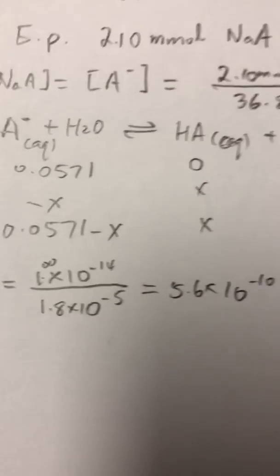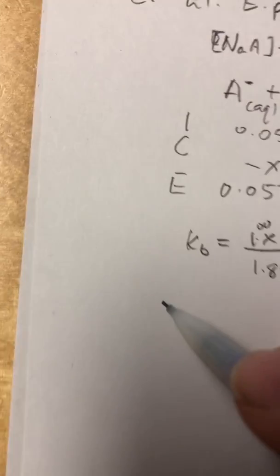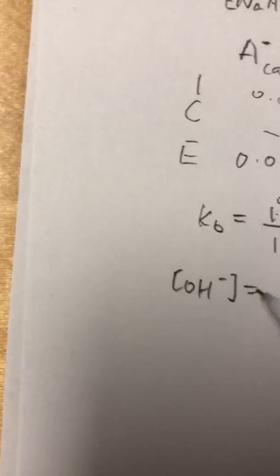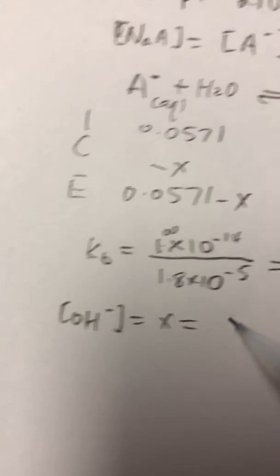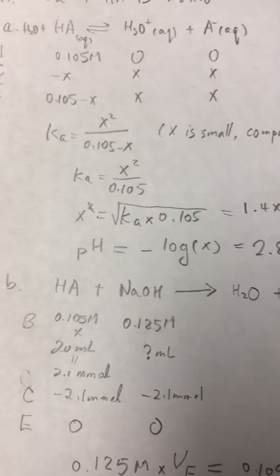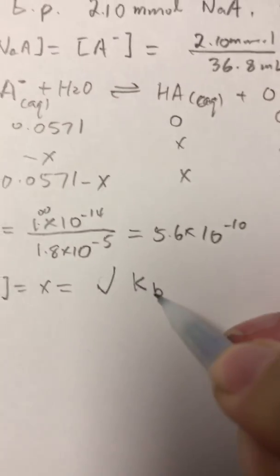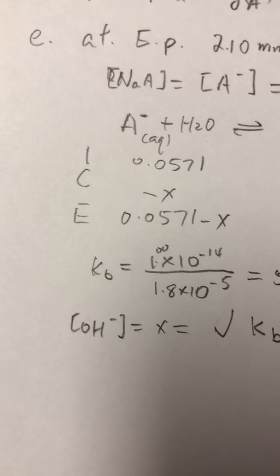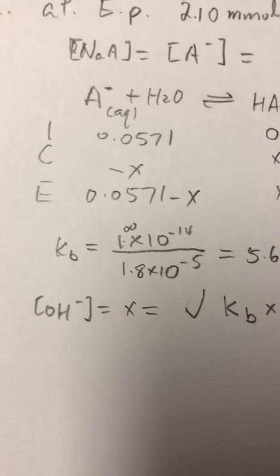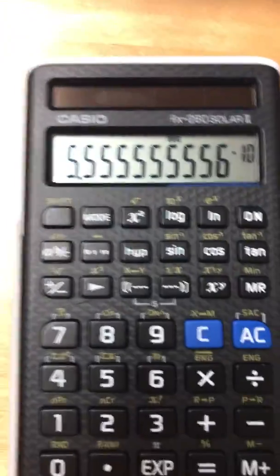Alright, now we have this. What would be the x? In here, the x is the hydroxide equilibrium concentration. So hydroxide equilibrium concentration equals x equals, how can we do this? Well, the same setup as the first one, it is essentially the square root of Kb multiplied by the initial concentration, which is 0.0571. Then take the square root. Let's solve this. Now we still have the Kb here.